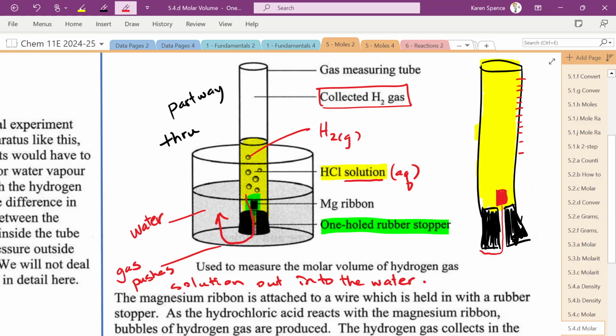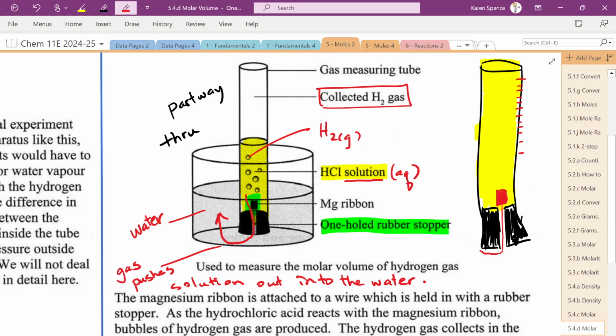Does anyone have any questions or any discoveries that they would like to show me? After it's even, you will make your measurement.